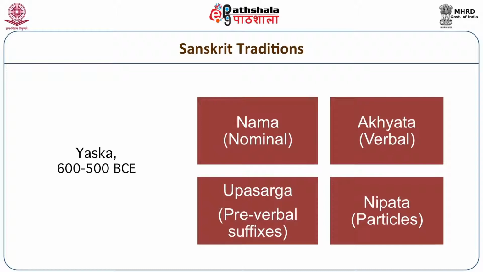So Yaska divides the basic units of the analysis of meaning and form, that is the analysis of sentences, into 4 basic grammatical categories: nama, noun; akhyata, verbs; upasarga, preverbs or prefixes; and nipata, particles or other invariant or indeclinable words. For Yaska, the distinction between nouns and verbs does not lie in morphology, but in ontology, that is, in the world.